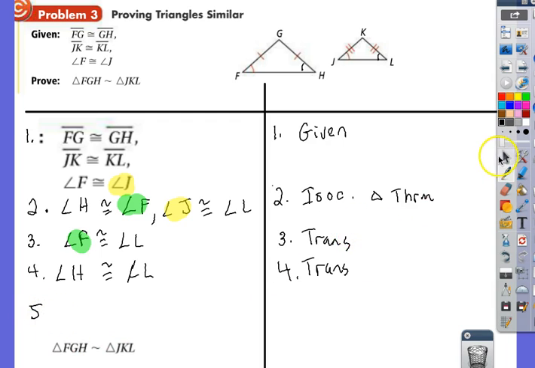And then step 5, now that we know that we have two angles congruent in one triangle, congruent to two different angles in the other triangle, it is angle, angle, similarity.